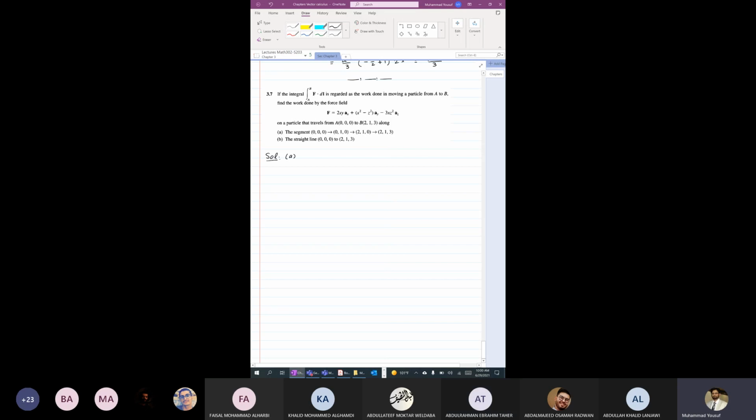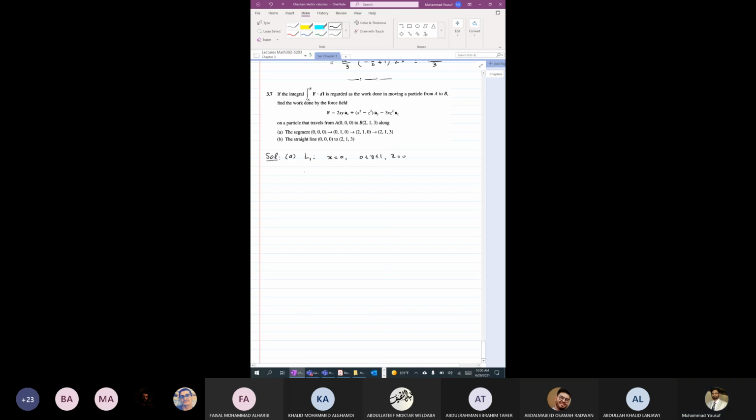In A, the point goes from 0, 0, 0, so x is fixed at 0. Let me call this L1. X is fixed at 0, 0 is less than or equal to y less than or equal to 1, and z is 0.